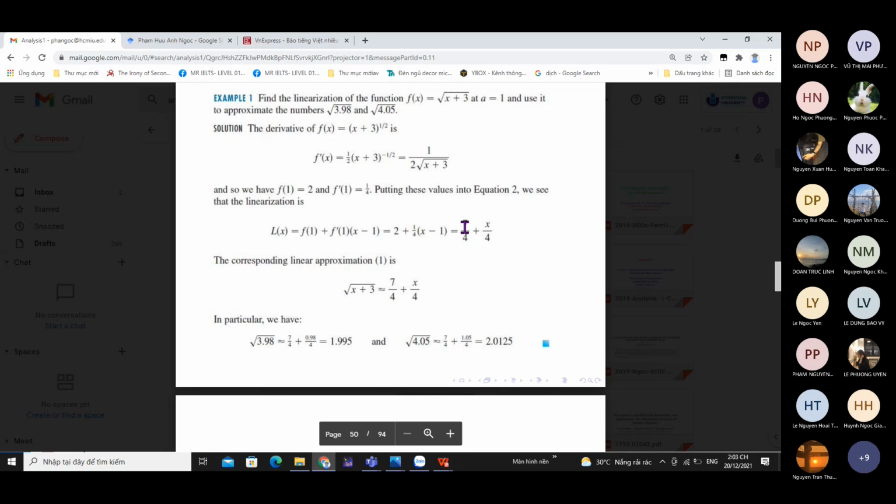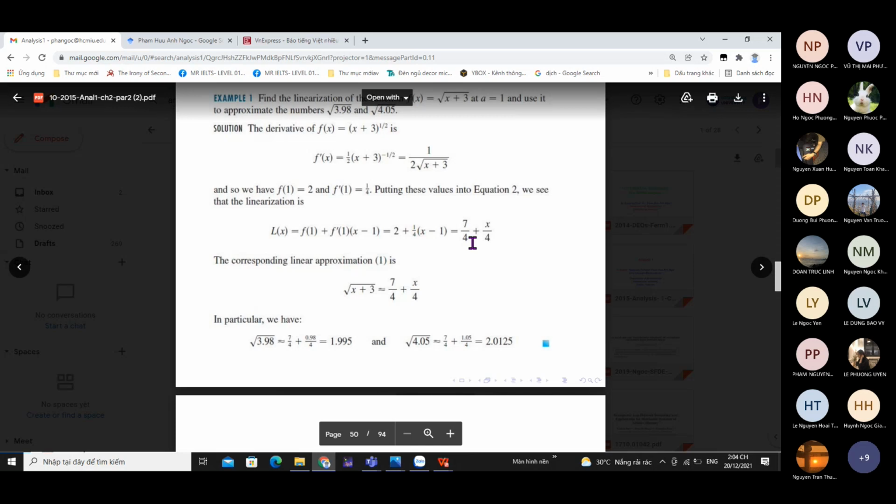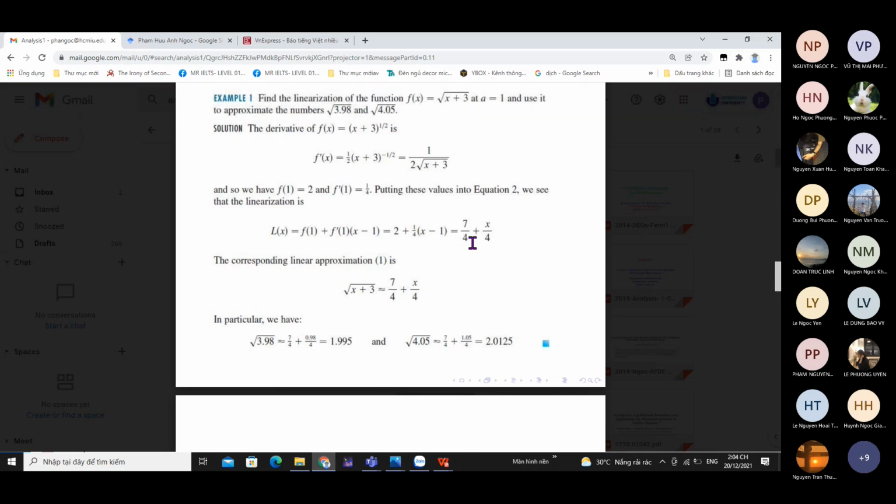And you get f prime of 1 equals 1 over 4. And that's why the equation of the tangent line is y equals 2 plus 1 over 4 times (x minus 1). It gives you 7 over 4 plus x over 4.